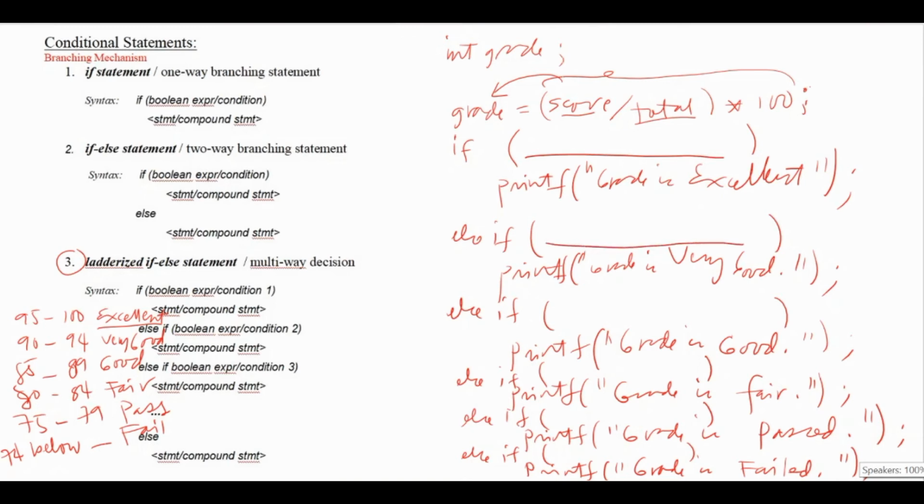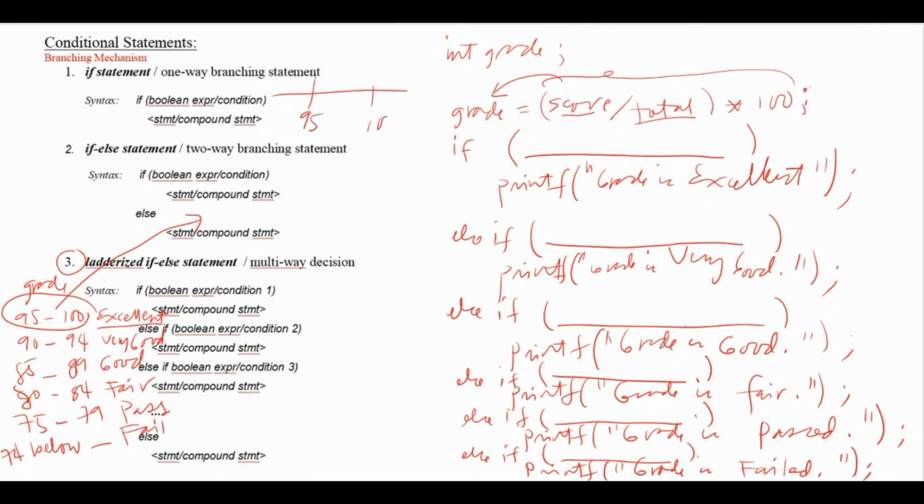The condition here, here, here, and here. It is excellent if the value of grade is 95 to 100. How do we write that in the syntax of C? Say this is 95, and then this is 100, this is 90, this is 85.